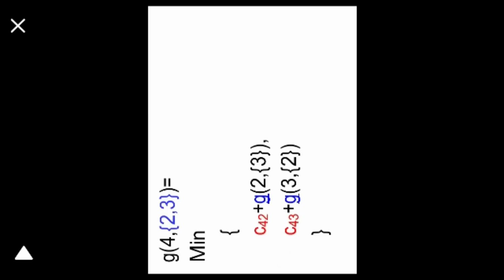Again we need to write the function. As we know, G of 2 3: as here we are having only 2 vertices, no need to use the minimum function as we have used in the earlier steps. So directly we can write 2 to 3, that is C23. Now from 3, is there any other vertex? No. So we write C23 plus G of 3 to 5.